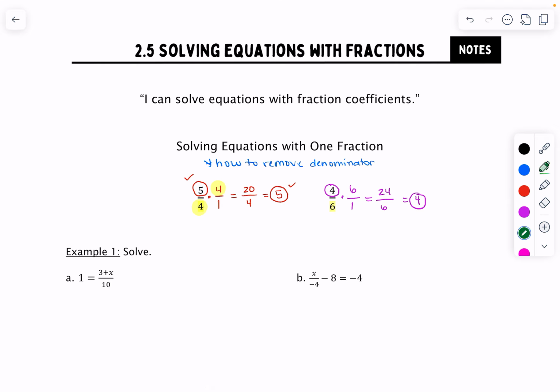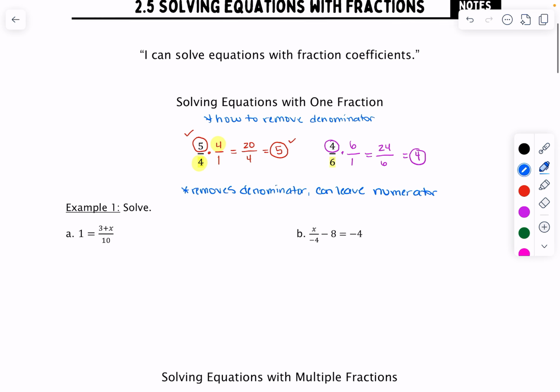We can make a note of this. It removes the denominator and can leave the numerator. So this is sort of how we're dealing with equations with just one fraction. It removes the denominator and leaves the numerator the way it was.